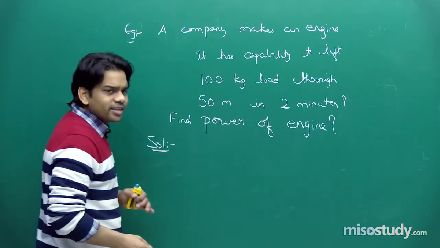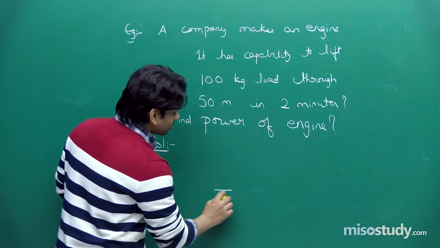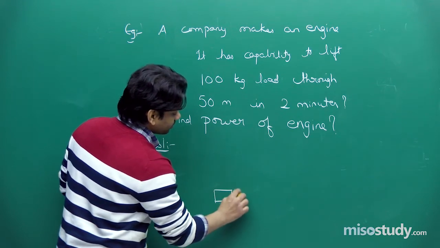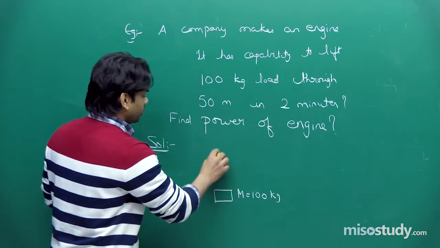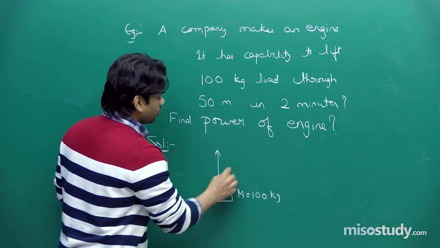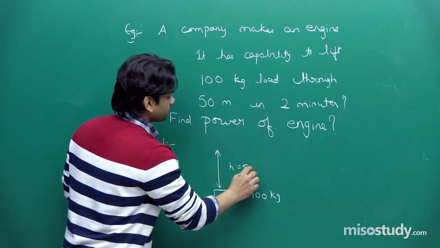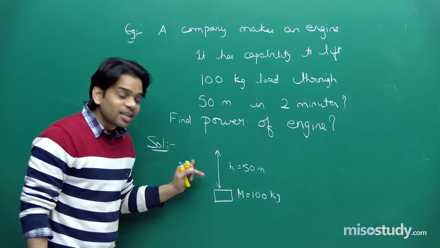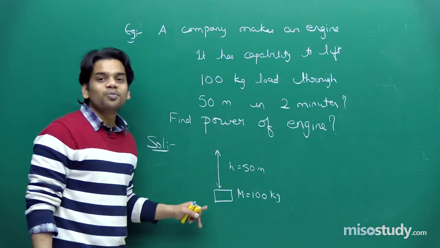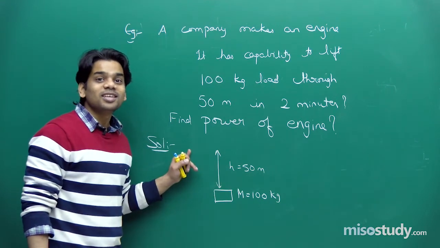We have, it can lift a mass of 100 kg through a height of 50 meter. So it's going to lift it through a height of 50 meter and place it here. Now, if this engine lifts this block from this position to this position, it has to do some work.